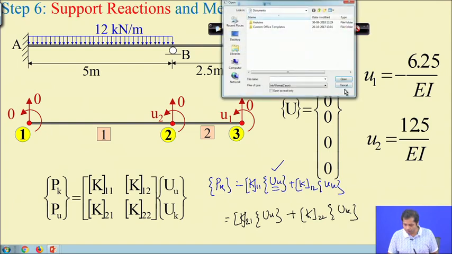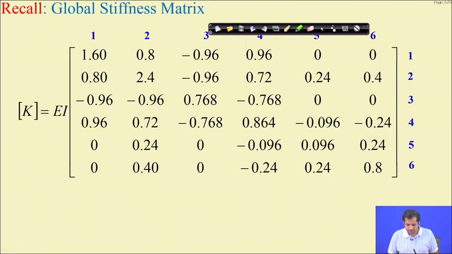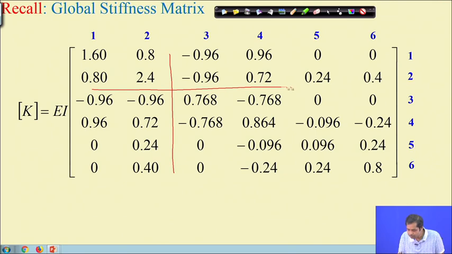Now, if you recall, our global stiffness matrix was like this, and this is how we partition the matrix. This was K11 and then a sub matrix, and this was K12, this is K21 and this is K22.